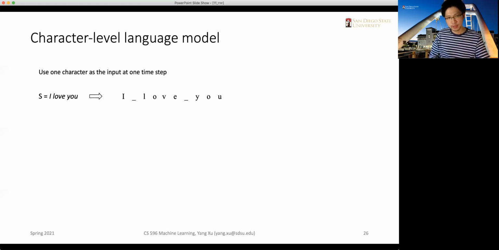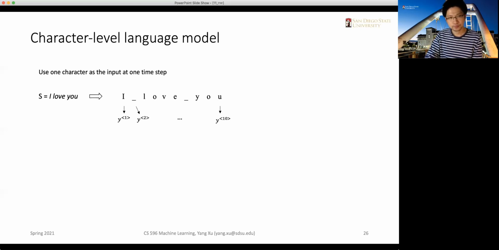For example, we have 26 letters. If we want to include case, then that's 52, right? So that's a small set. And we can also include all the other special symbols, like the space, other special letters, non-letter symbols, numbers, right? Everything considered, we can still have a very small set.